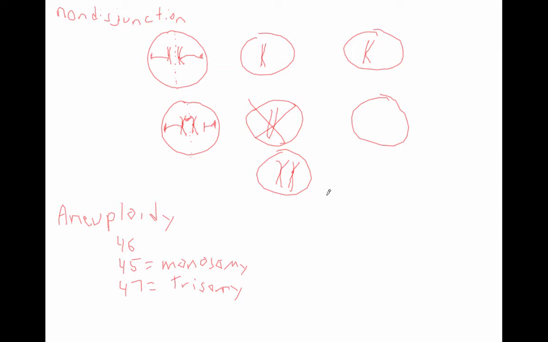Now, what I drew up here is only one chromosome. And usually when nondisjunction occurs, it only happens with one chromosome. And that's why we come up with 45 and 47, because the rest of the chromosomes did exactly what they were supposed to do. It's just this one that caused problems. Now, in some very rare instances, we can have every single chromosome having a failure at M phase, at the spindle assembly checkpoint.